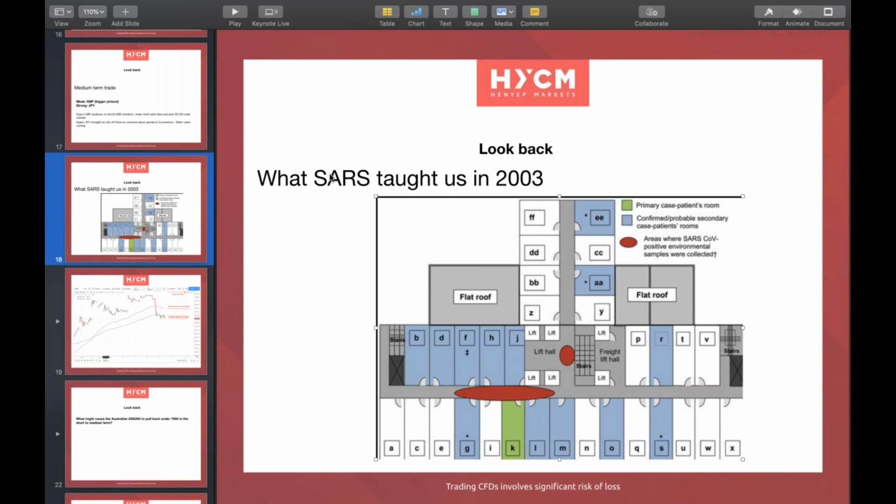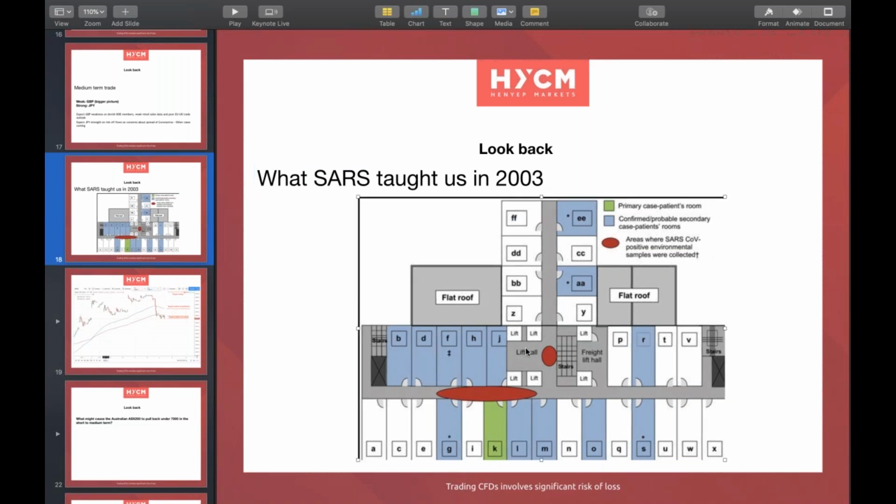In the SARS virus in 2003, what we saw with the Asia Pacific index, all the different Asian indices, they sold off quite rapidly. And what SARS taught us is that, first of all, you get a few cases, and then the cases rapidly progress. And this was just one instance, in the early days of SARS, this one gentleman who was at a hotel, sadly, who died, this gentleman here.